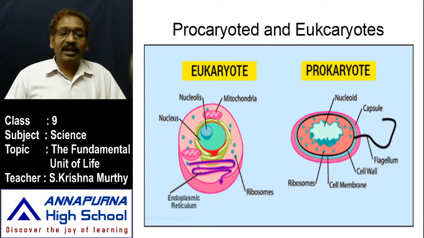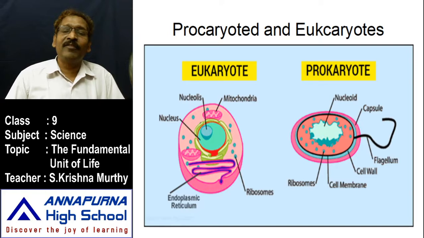So these are the differences between prokaryote and eukaryote. Even though there is no prominent nucleus in prokaryote, all those functions are done. There is no other kind of cell to do different life processes like respiration, digestion, excretion. There are no specialized organelles or specialized cells. So this cell can do all kinds of activities.